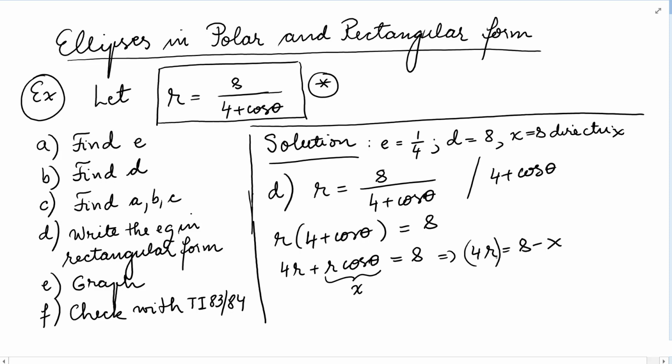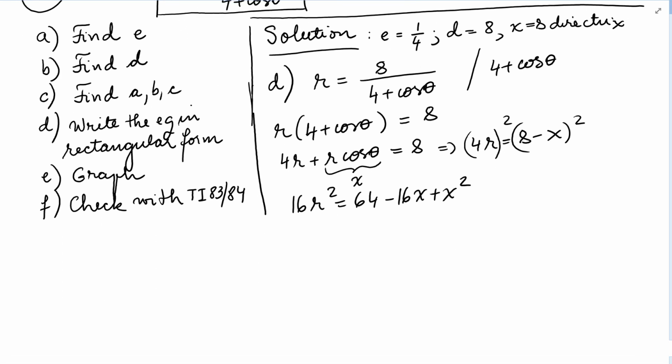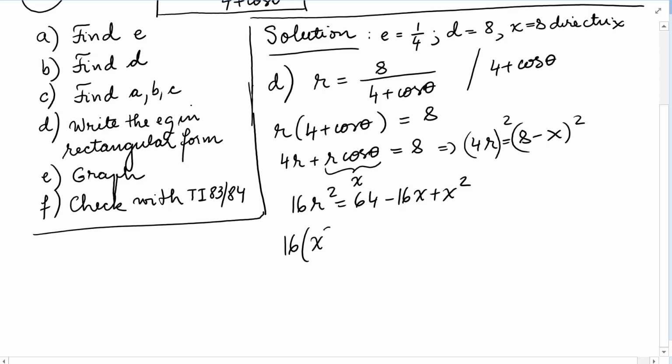We square both sides and we get 16r squared equals 64 minus 16x plus x squared. We know that r squared is x squared plus y squared.